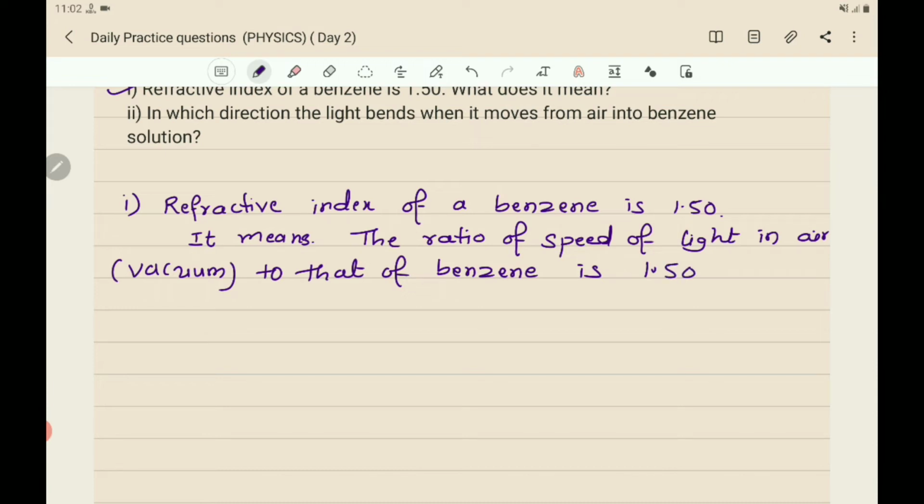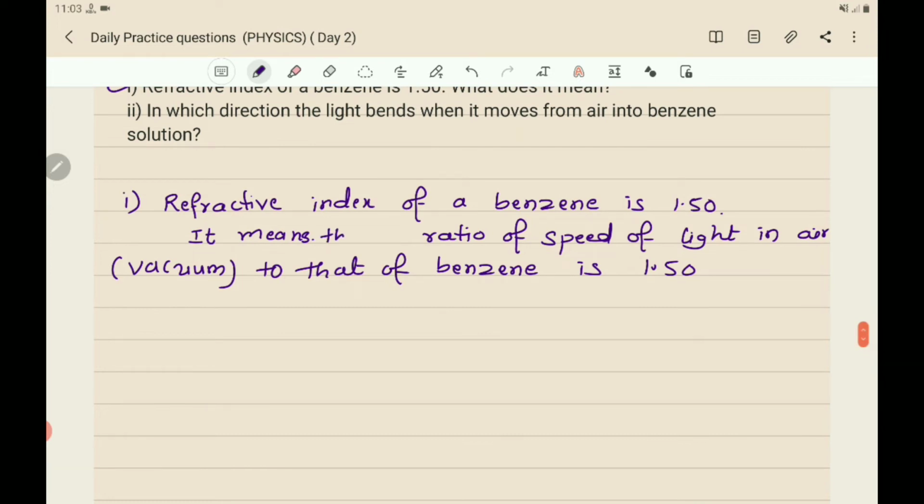So what does it mean? It means that the ratio of speed of light in air, also you can take vacuum, to that of benzene is 1.50.